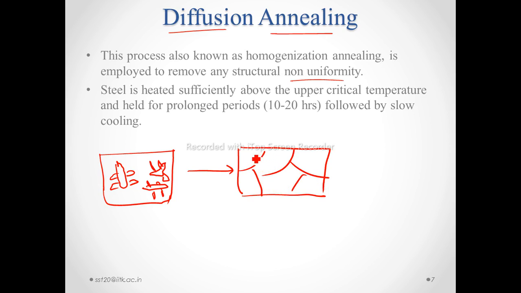These are the grains. If you measure the composition of an alloy here, it is different; in the dendritic region it is totally different. But after this diffusion annealing, if you measure the composition throughout the sample, it is the same.